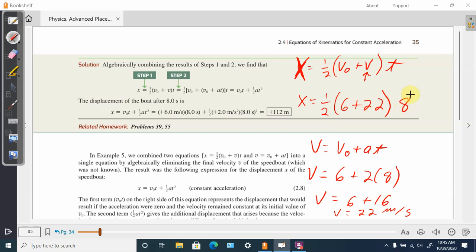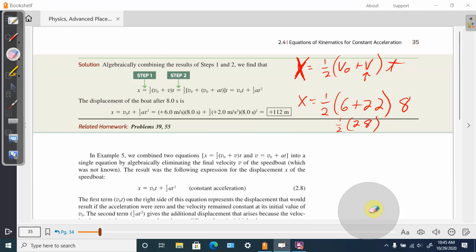Okay. So now if we go ahead and actually do this math, right, this would be 22 plus 6 is going to be 28 times 1/2. Let me get rid of this bottom portion down here. Times 8.